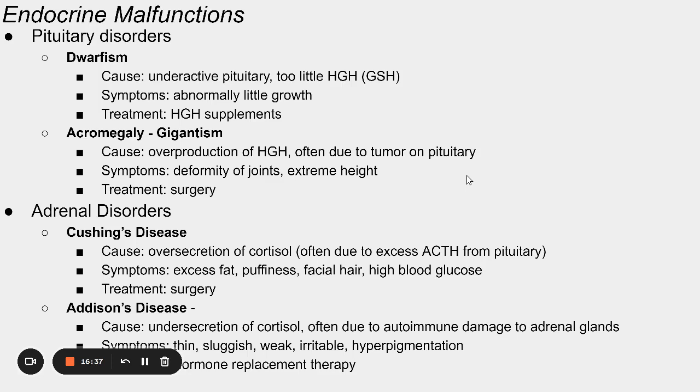Some people are born with conditions where they produce too little growth hormone and they don't grow to an average height. Some people are born, oftentimes with a tumor on their pituitary gland, and they produce too much growth hormone. That could lead to gigantism, a person growing to an excessively large height.